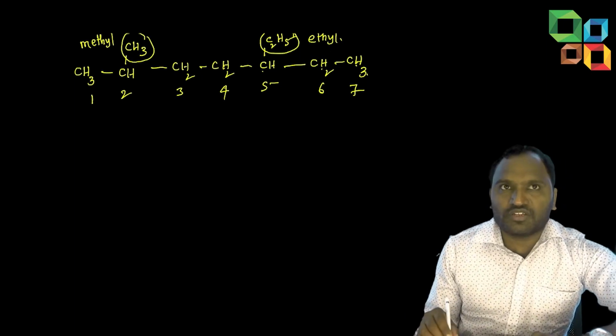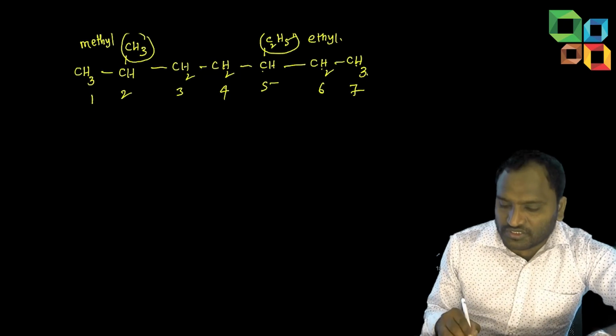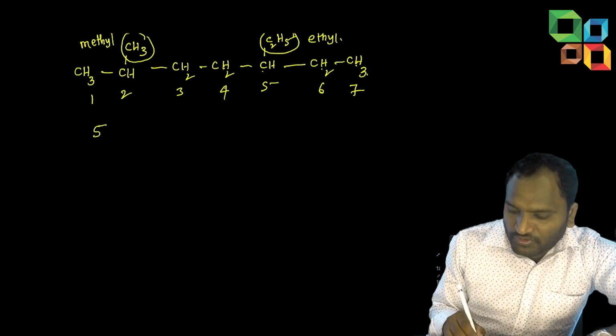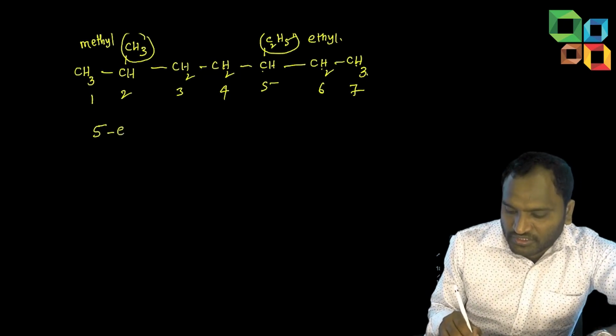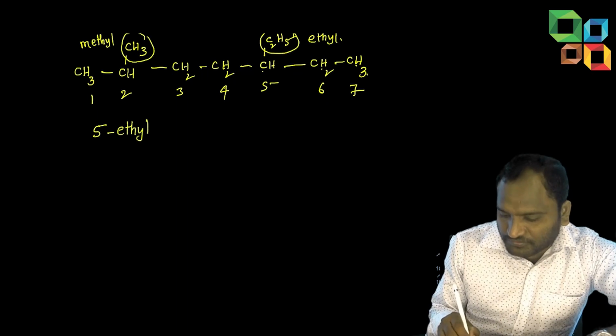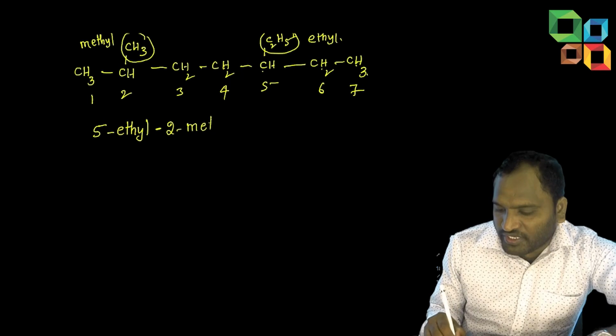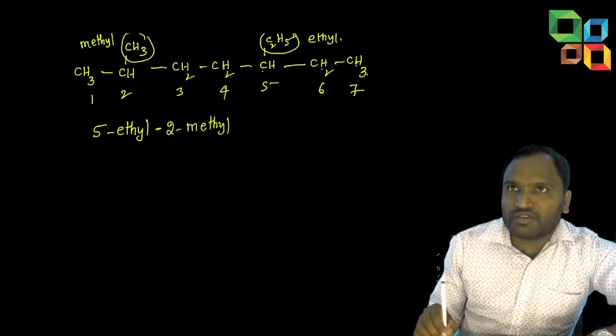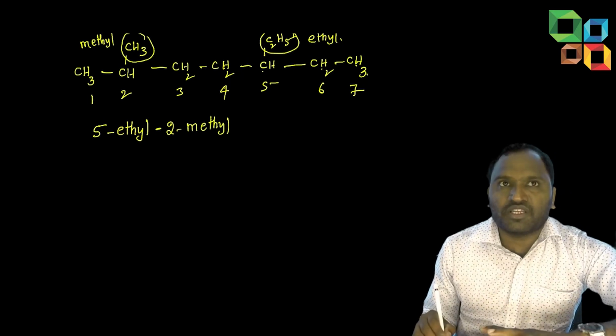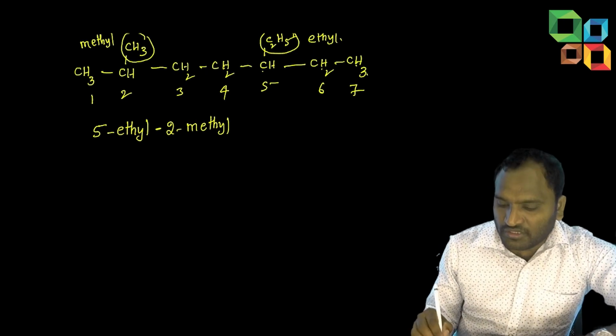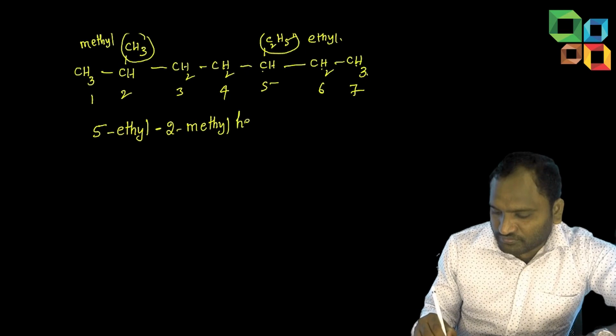Two prefixes are there, no? One is methyl, another one is ethyl. So first in alphabets, E comes first, right? 5-ethyl. Next, 2-methyl. Numbering will be given as it is, but while writing the names according to alphabets, we arrange the substituents.